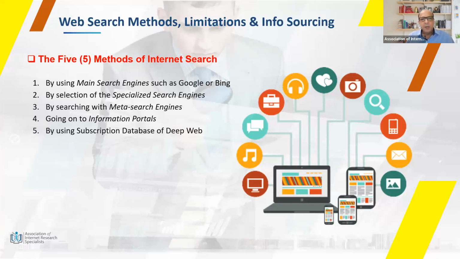The kind that I'm referring to, which are well known and have the strength of acting exactly like a search engine, are Google, Bing, Yandex, Baidu, and Yahoo. So these are the five main search engines. Then there are specialized search engines, which are programmed to search for certain types of files or certain types of searches.